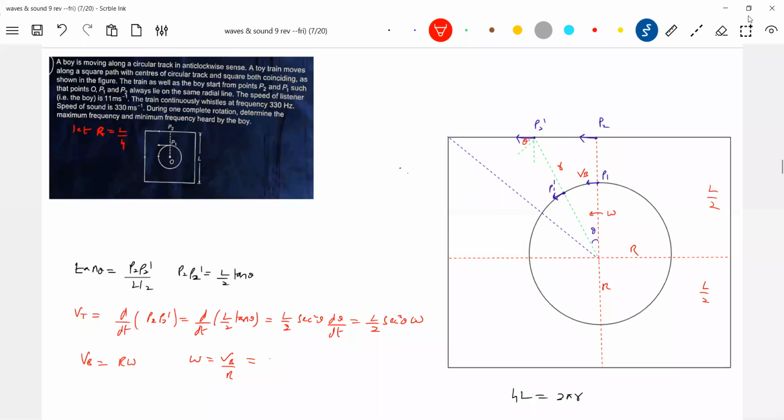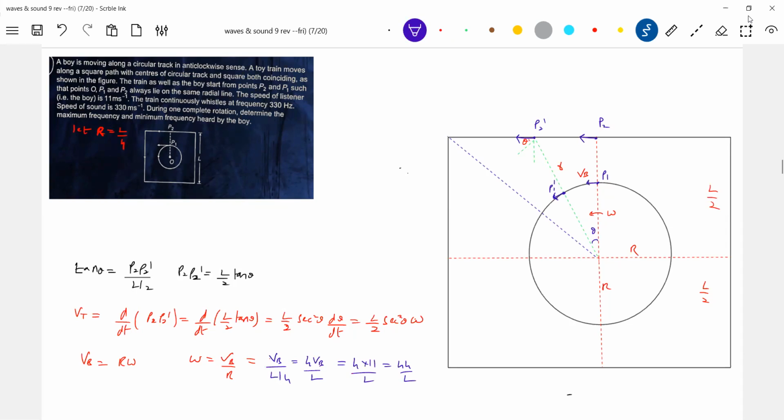So this will be VB, the speed of the boy or listener. R equal to L by 4. So 4 VB by L. Okay, this is the expression for omega.